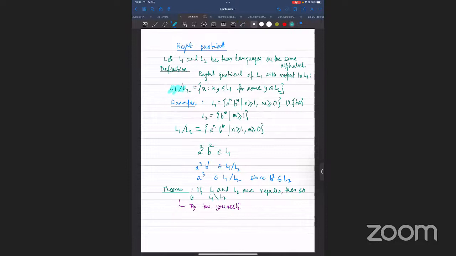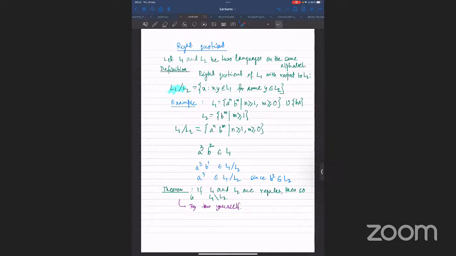It's essentially a word X such that there exists some Y, so that X concatenated with Y belongs to L1, for some Y in L2. So the word Y should belong to L2. Clear? So for some Y in L2, you have XY in L1.